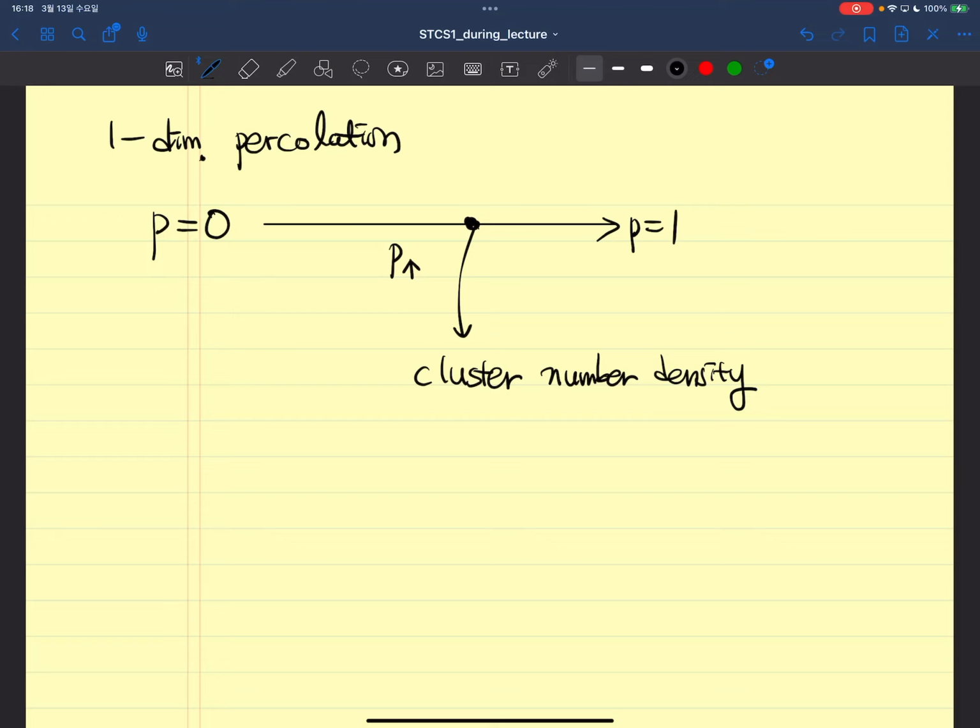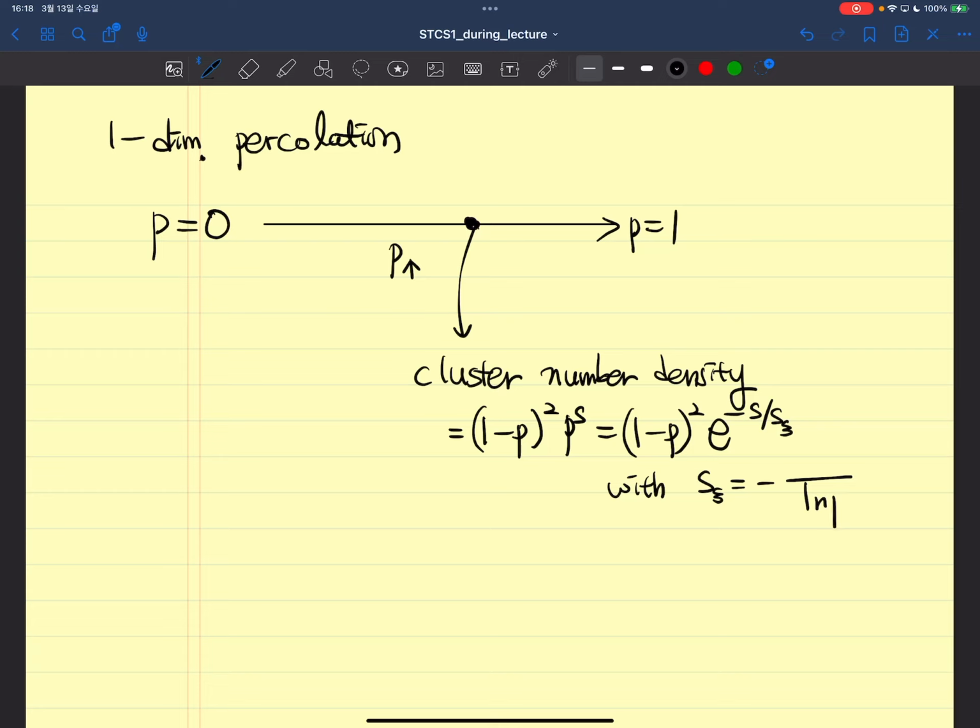goes like this, with this particular characteristic size of this one.